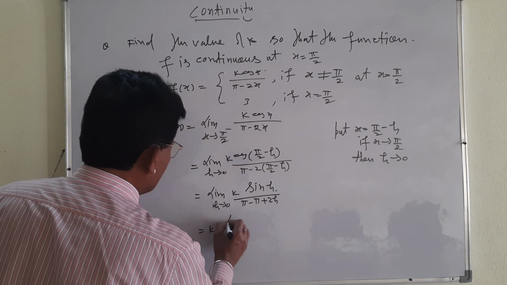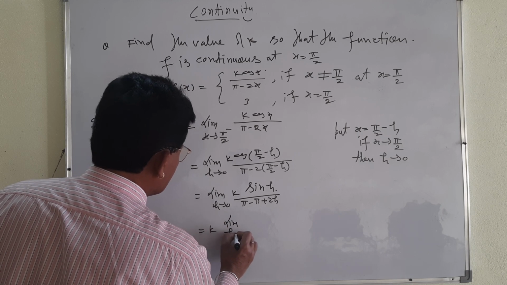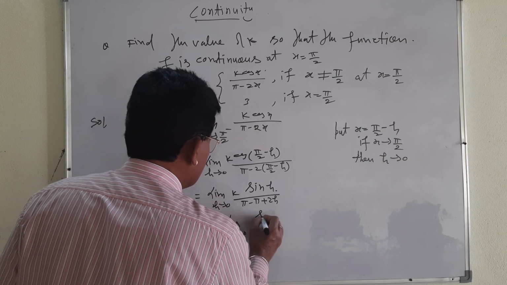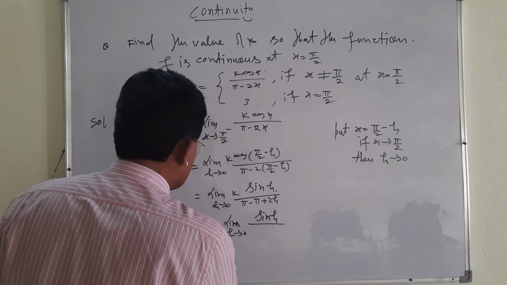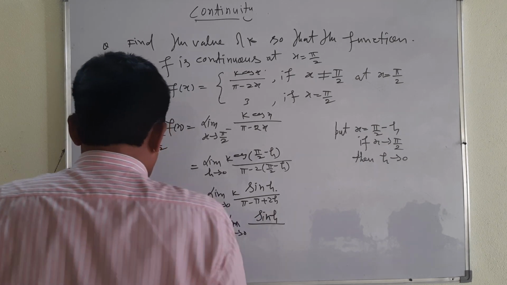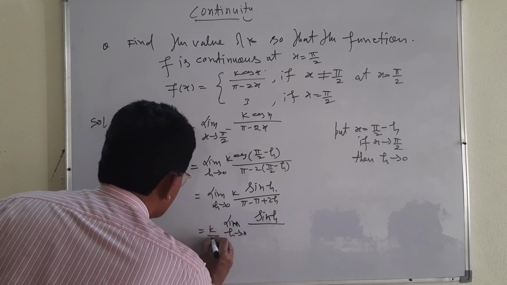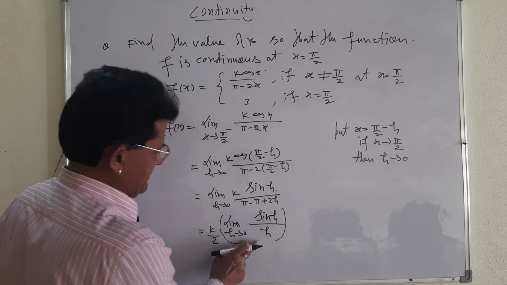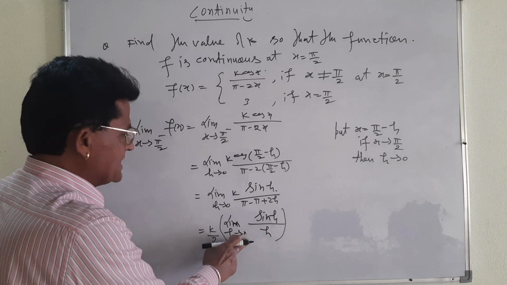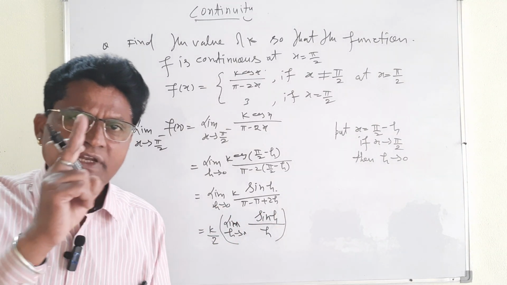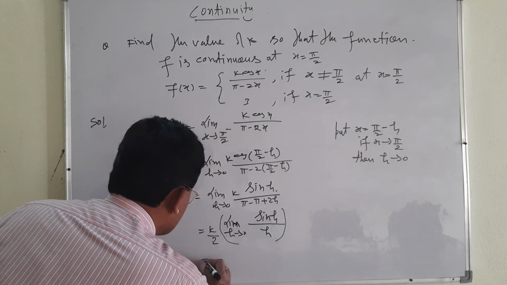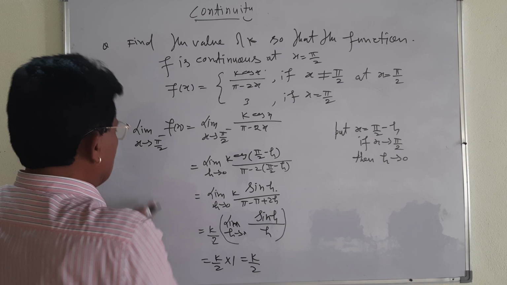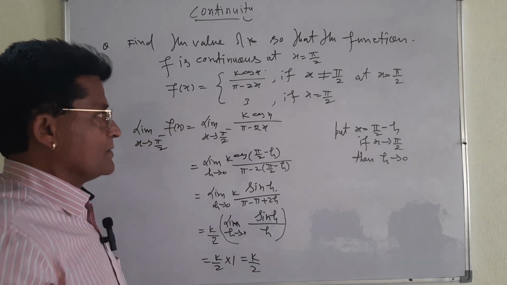So here, limit h tends to 0 of sin h upon 2h, which is k by 2 times sin h upon h. My dear student, you have studied in class 11 that as theta tends to 0, sin theta upon theta has the value 1. You must write k by 2 into 1, which is k by 2. The value of the left hand limit will be k by 2.